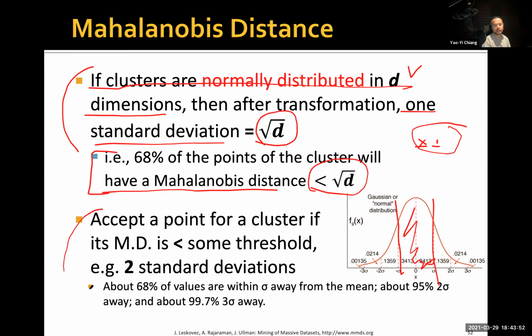For example, accept the point for a cluster if the Mahalanobis distance between the point and the cluster center is smaller than some threshold, could be 2 standard deviations away. 2 standard deviations away means you care about 95% of the points, so it's probably somewhere here. If you want your cluster to be very compact, you just take 1 standard deviation, which is okay as well.